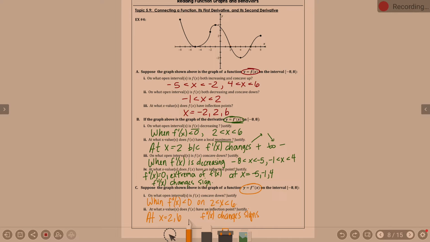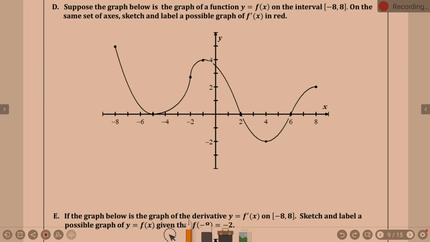Example 4D when we're ready. Suppose this graph is the graph of y equals f of x on the interval -8 to 8.